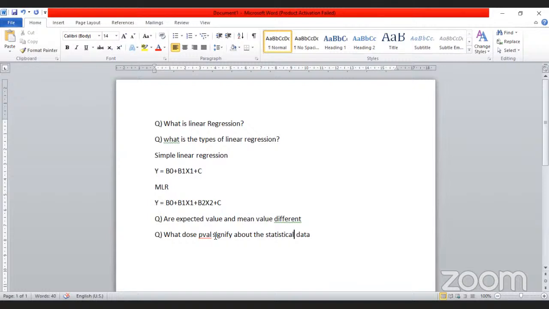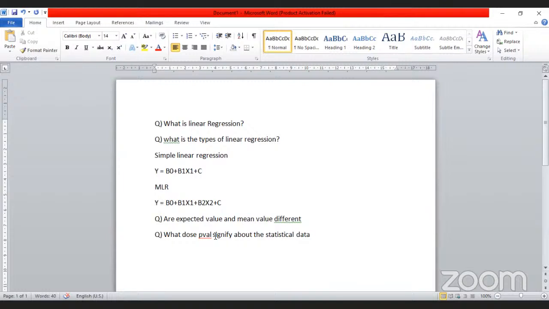And it is always between 0 and 1. The range of p value is 0 to 1. It tells us the significance level. The threshold point is 0.05.